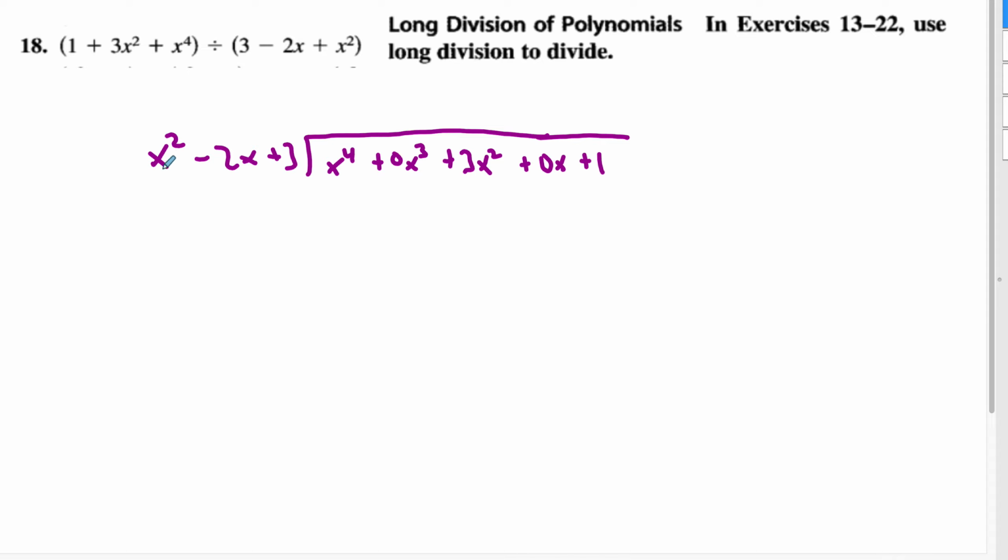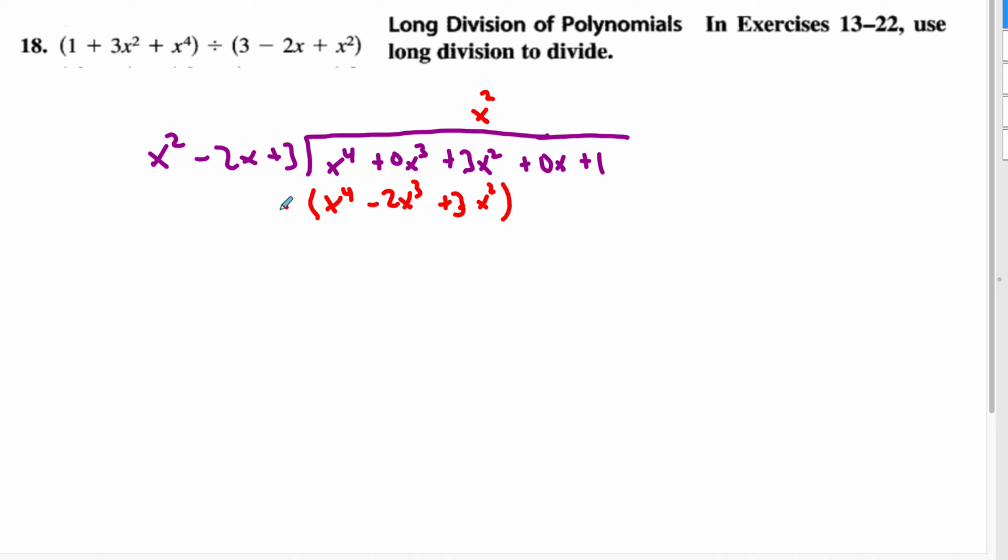So, lead coefficient, x squared times what is x to the fourth? X squared. Don't forget to put that x squared here. If you do this correctly, you'll run out of spaces, and then you know you have a remainder. So x squared times x squared is x to the fourth, like we hoped. Negative 2x times x squared is negative 2x cubed. 3 times x squared is 3x squared.